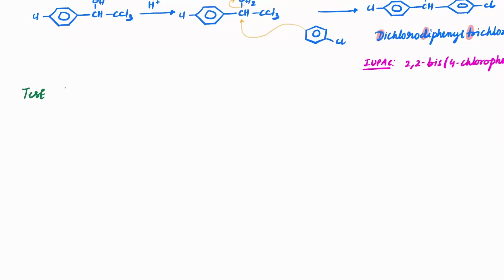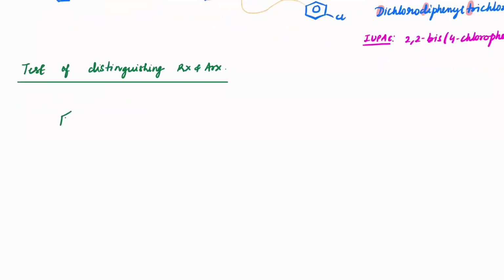Test for distinguishing RX and ARX. In case you have a halogen like this, the best thing to do is take aqueous AgNO3. In aqueous AgNO3, this would form OH here, and then AgX gets precipitated.